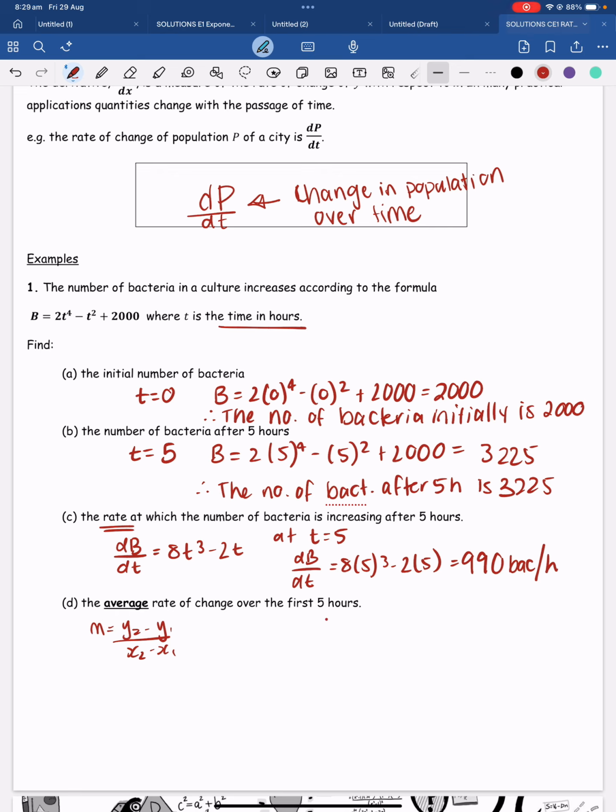So what do we know? Well, initially when time was 0, so I'm writing this in terms of T and then bacteria B, there was 2,000. So that's my first point. And then I know that when T was 5, I had 3,225. That's my second point. So now I just sub that into my formula.